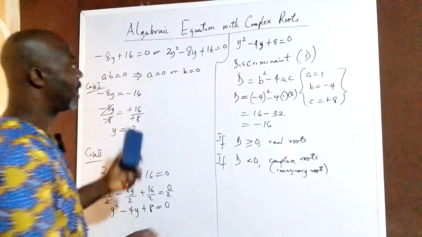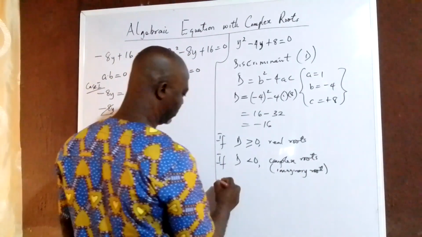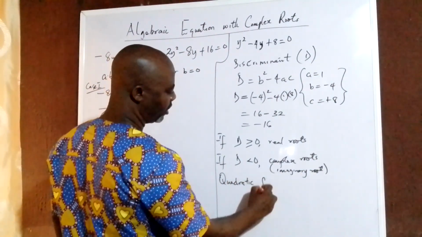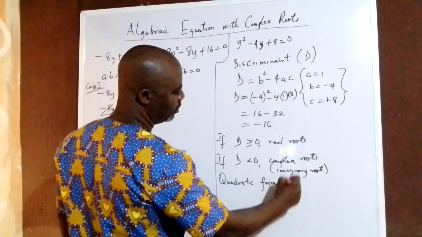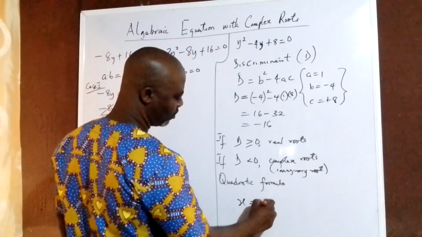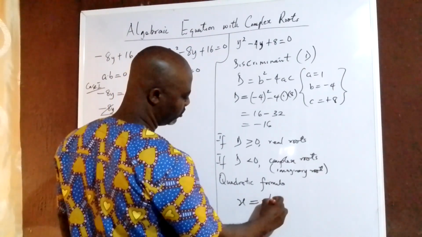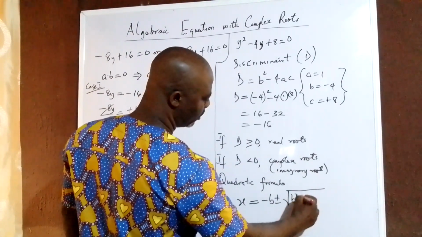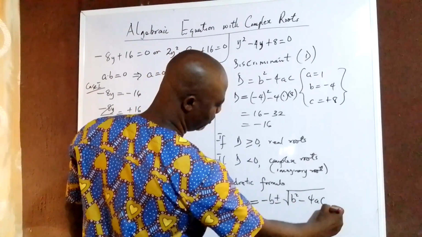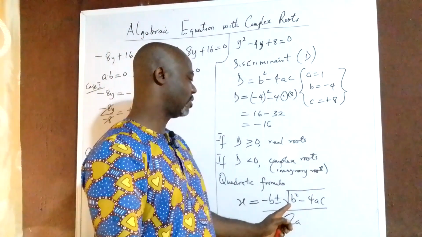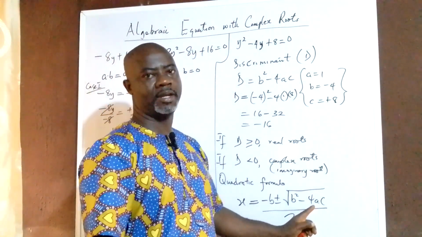We just quickly go back to the quadratic formula. And the quadratic formula is x equal to minus b plus or minus square root of b squared minus 4ac, all over 2a. You can see the discriminant featuring prominently here.